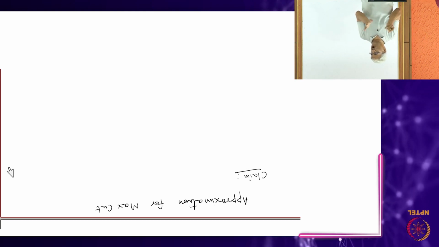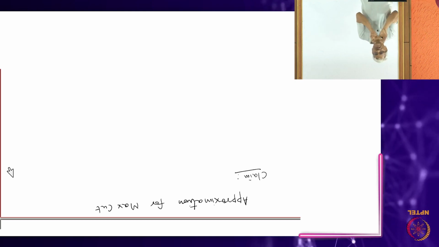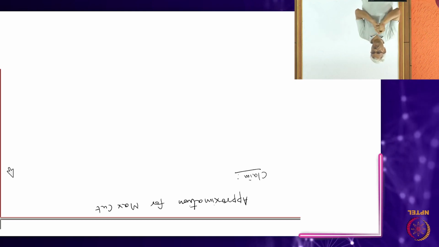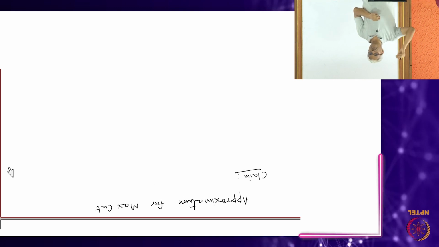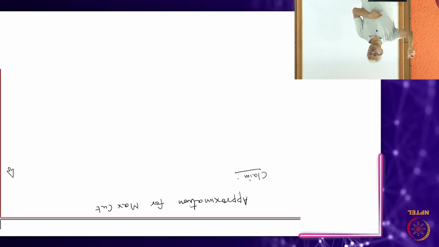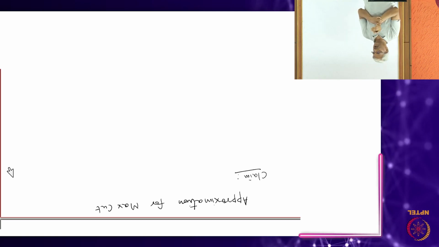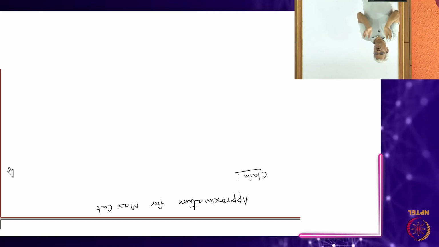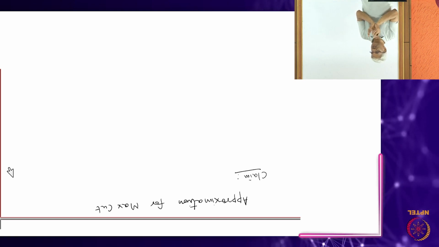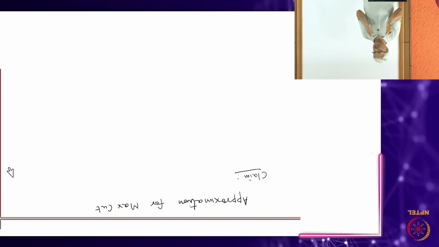So, how do I know how bad it is compared to the optimum? We will compare it with some sort of a bound for the optimum, and say if the optimum cut value is 200, I will produce something which is at least 100. So, I am never worse than half of the optimum. That is the goal.